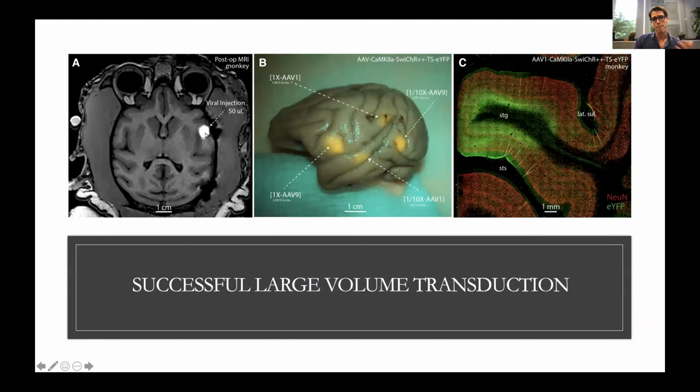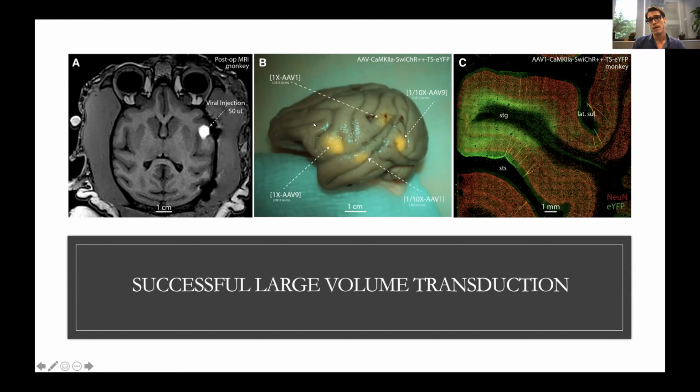I'm able to map these injections in the MRI by mixing the viral solution with MRI contrast agents, in that case, manganese salt. So after my surgery, I bring the monkey to the MRI, image his brain, and then get an idea of whether I hit the target and how large the transduction is going to be.